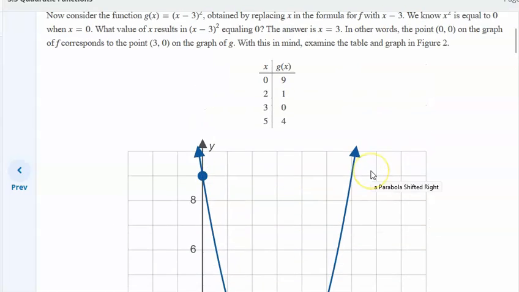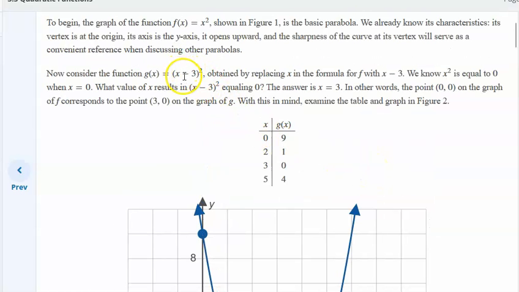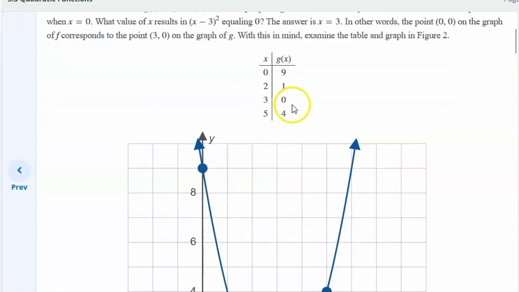And looking at that again, when there is a negative in this position and the quantity is squared, it's going to shift the graph 3 units to the right.